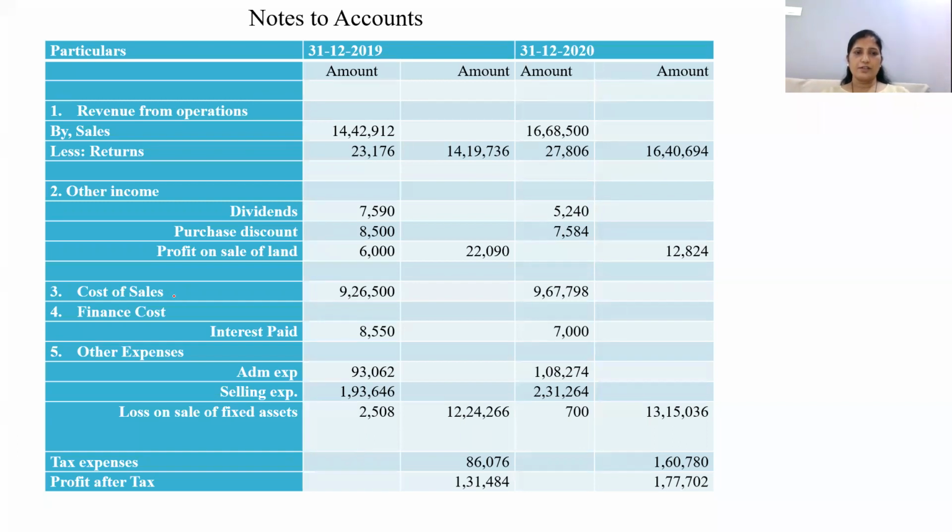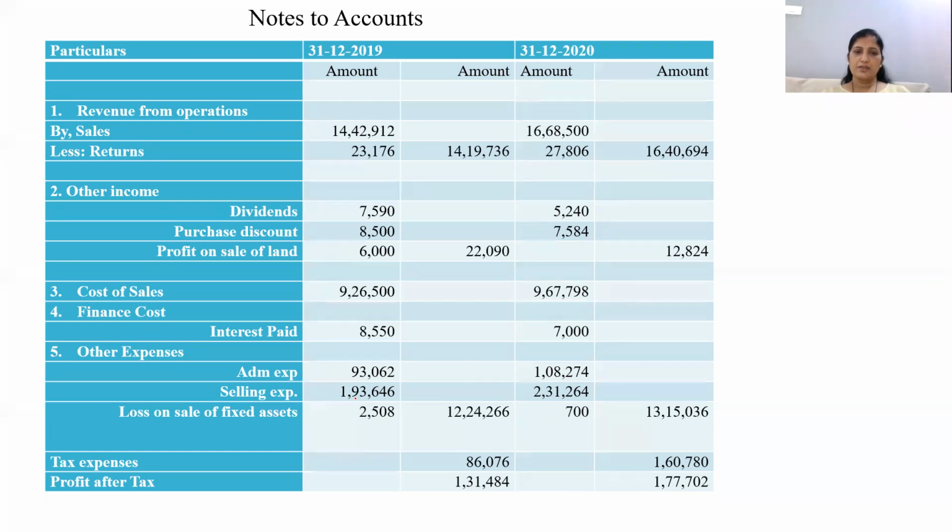Next you have cost of sales. Same, it is 9,26,500, 9,67,798. In finance cost you have interest paid 8,550 and 7,000. Other expenses, administrative expenses 93,062, 1,08,274.